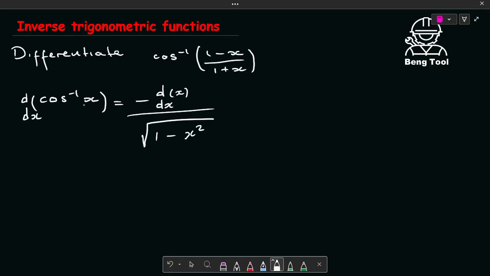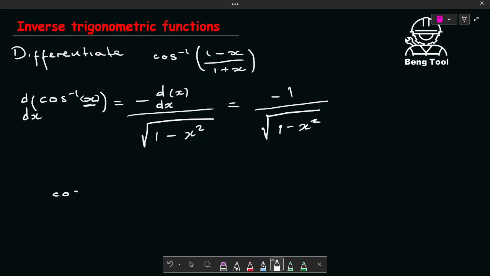So you're basically differentiating what is inside the cos inverse, bringing it down here and squaring it again. And this will simplify to negative 1 over the square root of 1 minus x squared.